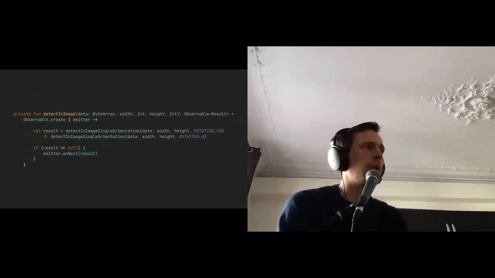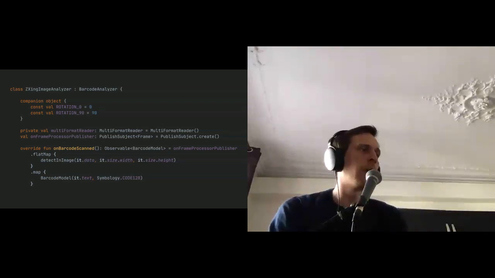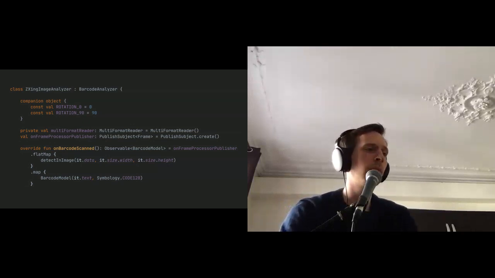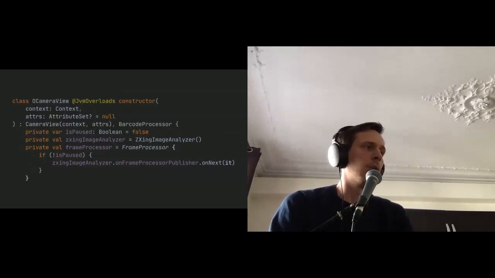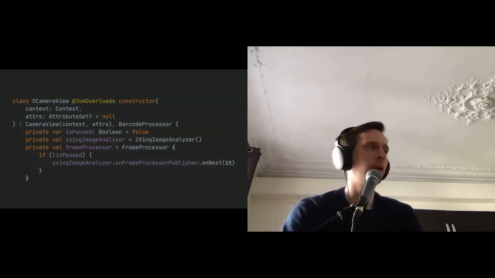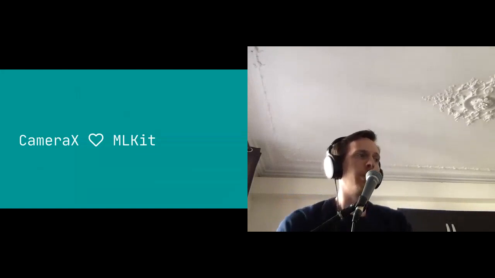And then I create a zebra crossing image analyzer, which extends barcode analyzer. And I'm setting everything into a published subject, and then I'm flat mapping the detect in image, and then I'm mapping into a barcode model. And then I'm adding the zebra crossing image analyzer into my custom view. And that's it, it's working.